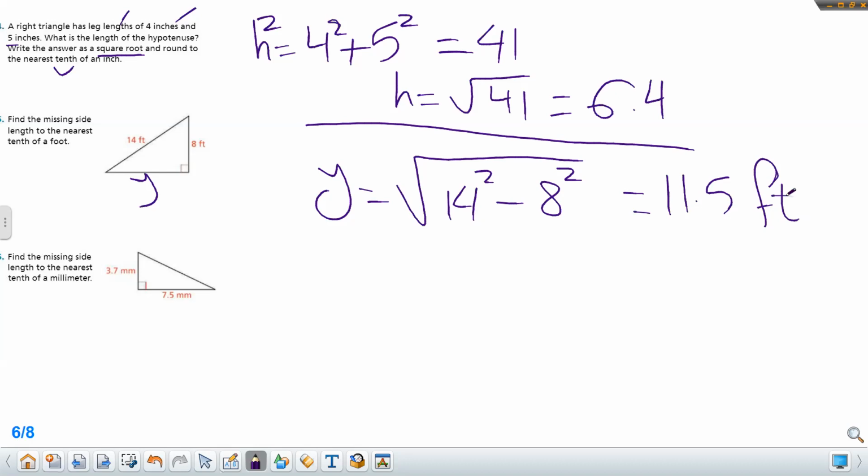Okay, the next one. Find the missing side length to the nearest tenth of a millimeter. The same idea, but here, what about the hypotenuse? For example, x is the hypotenuse. How to find the hypotenuse? By adding.